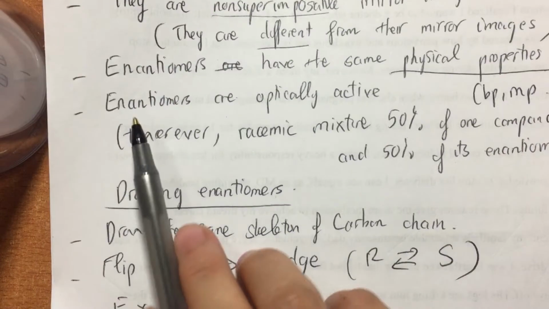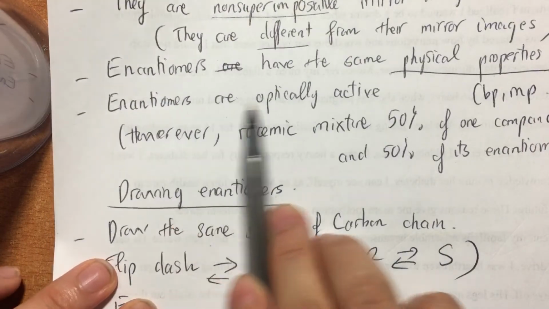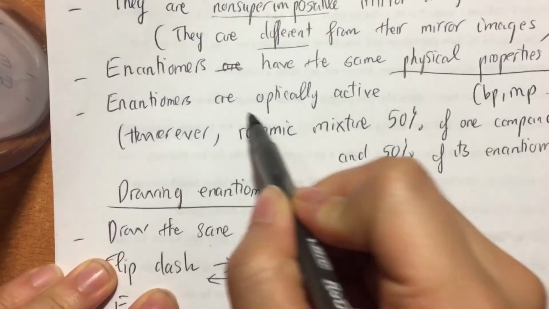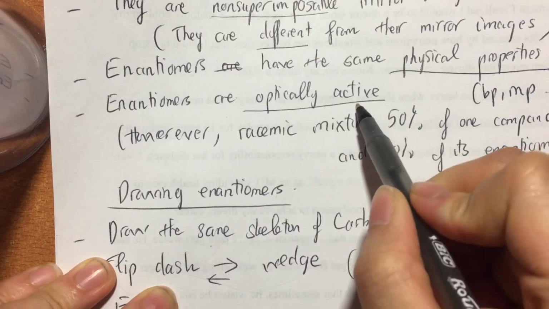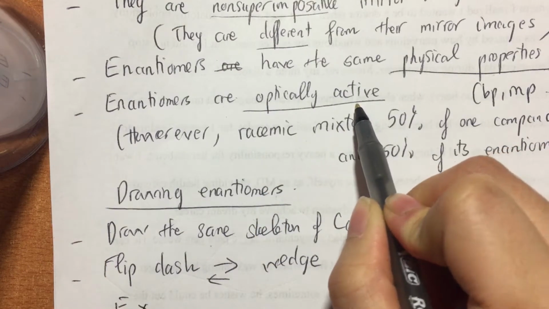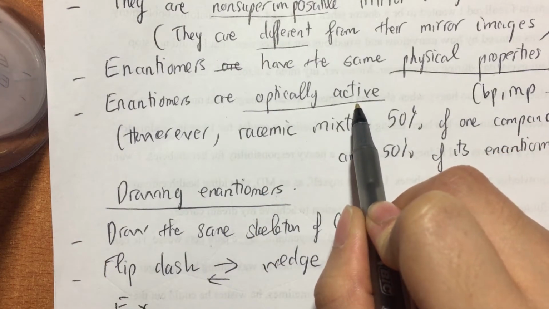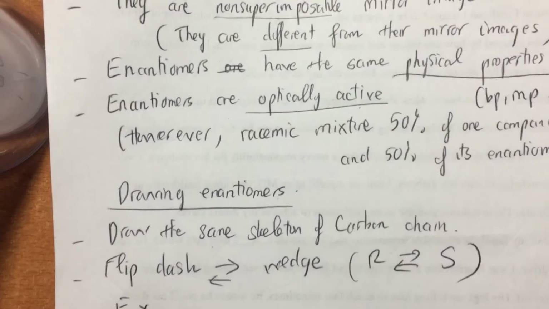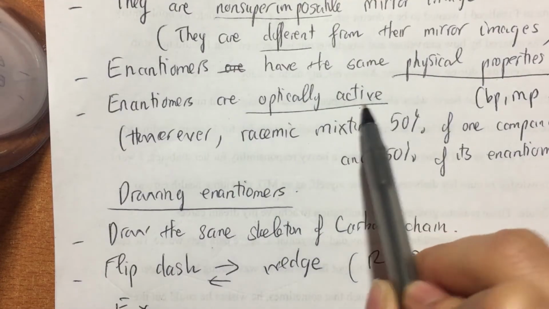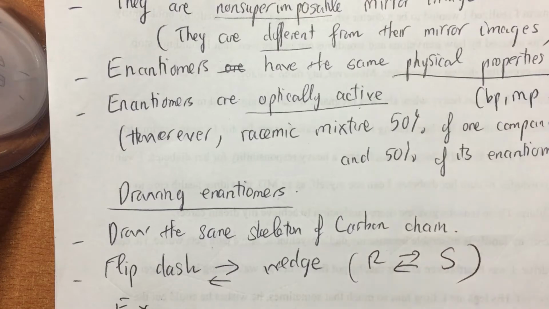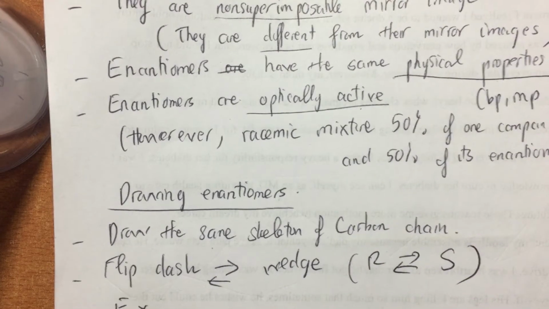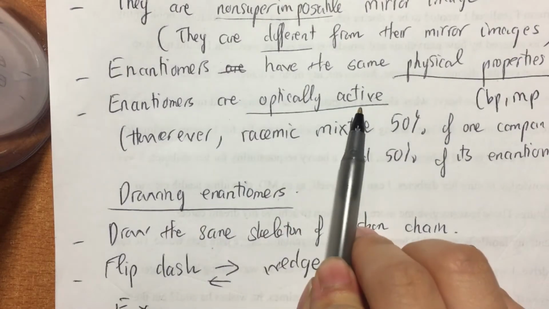And the third point is that enantiomers are optically active. Optically active here means that they have the ability to rotate the light when it goes through that compound.